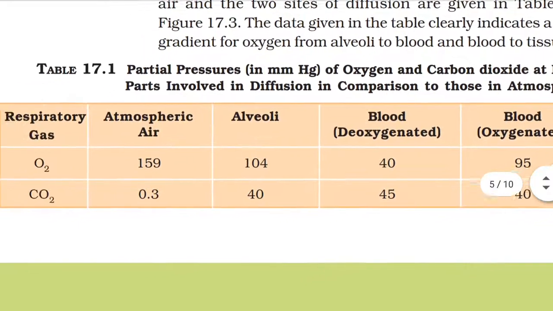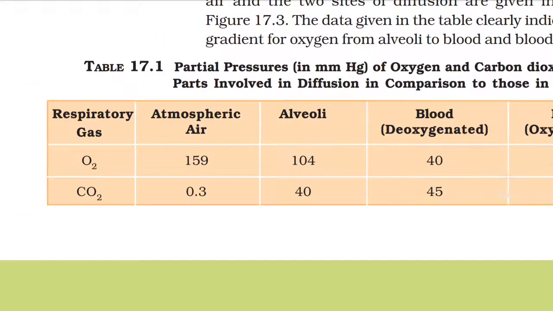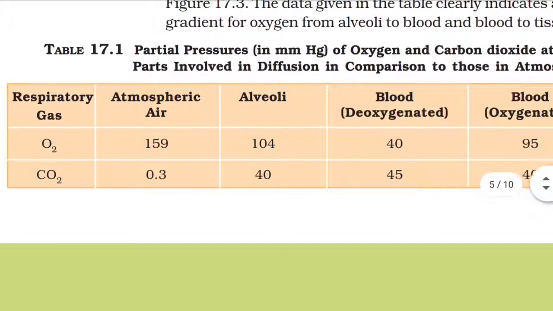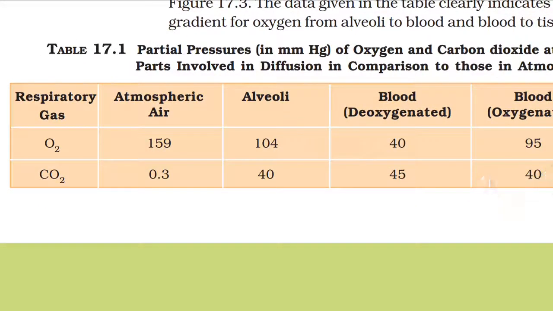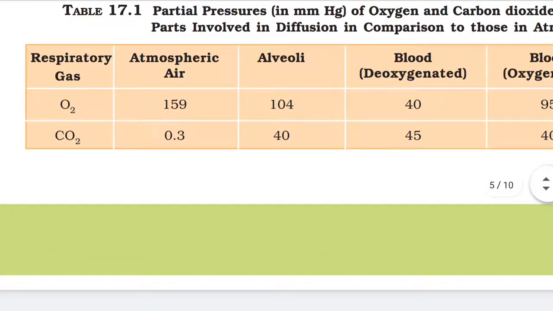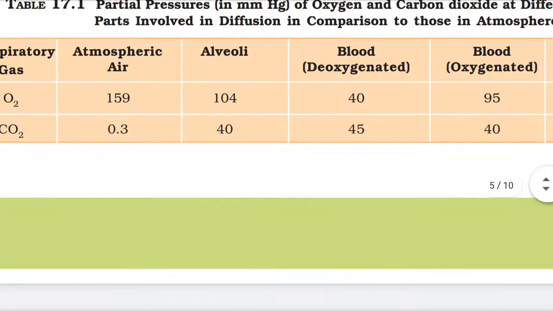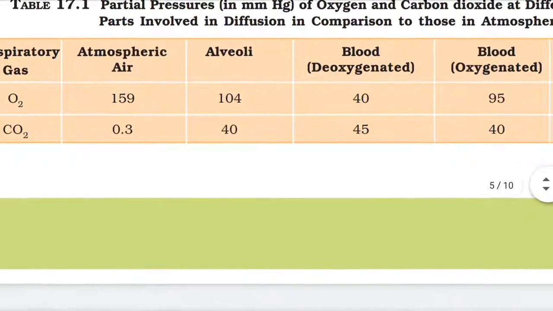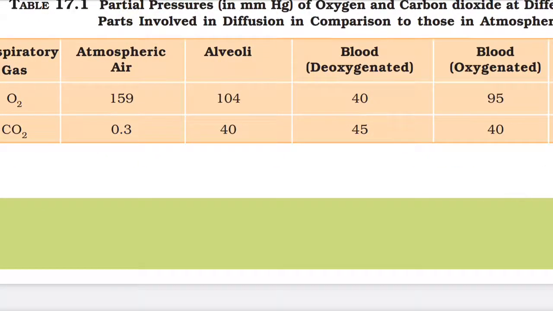Let's see. We have only two gases here: one is oxygen, the other one is carbon dioxide. In the atmospheric air, the oxygen pressure is 159 and carbon dioxide is 0.3. In the alveoli, oxygen is 104 and carbon dioxide is 40.